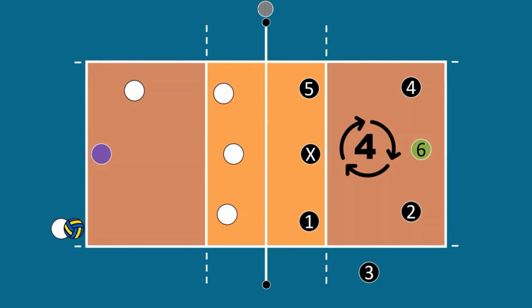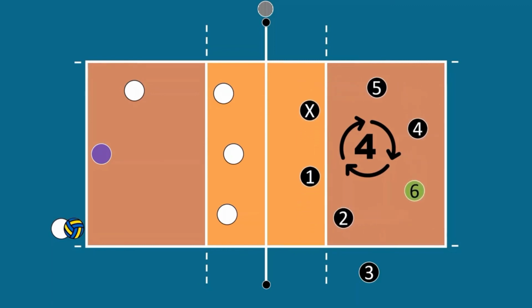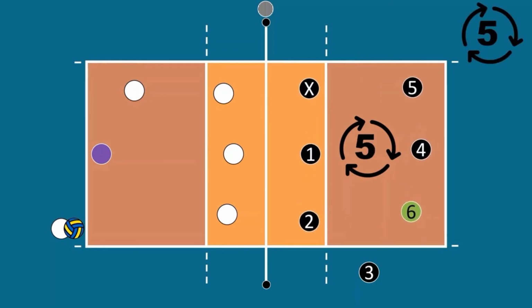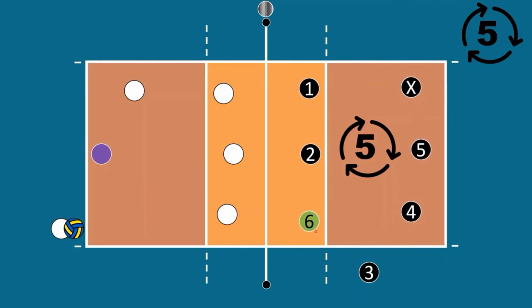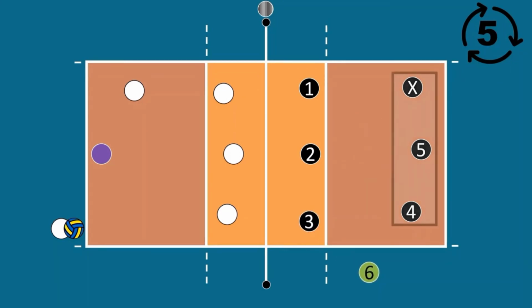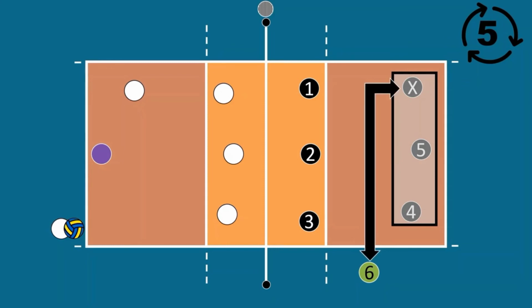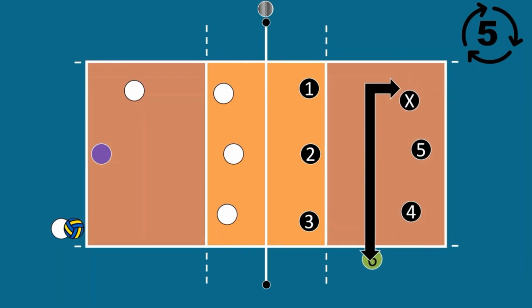And then let's say you lost a point and then you won a point again, it would be the fifth rotation. Now in the fifth rotation, you see the libero is back in the front zone, which is not permitted. So the libero gets replaced, and now the libero can replace anyone on the back zone. So the libero would replace player X, and now it becomes like how it started.